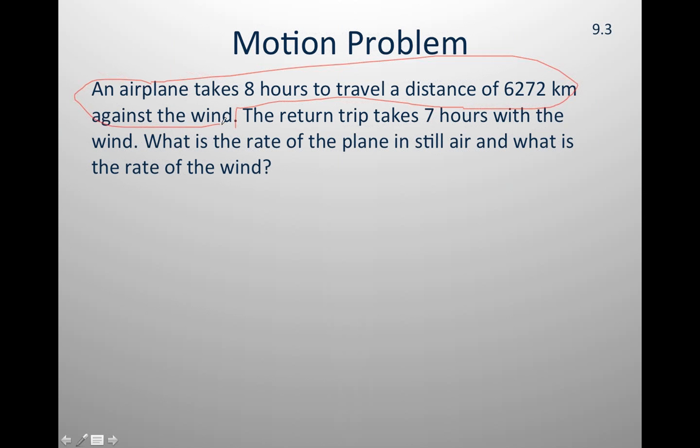Okay, and we've got two different speeds. We got the speed of the plane and the speed of the wind. But the hours are going to be consistent. So we got 8 hours. I'm putting that over here. 8 hours, and then we've got the rate of the plane, which is going to be x. And it's against the wind, so we're going to take the wind away. And then that's going to equal the total distance of 6272.